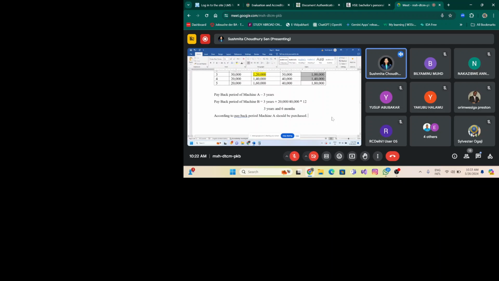So this is all about the payback period calculation. The payback period suggests that the investment where you get your money back sooner should be accepted.